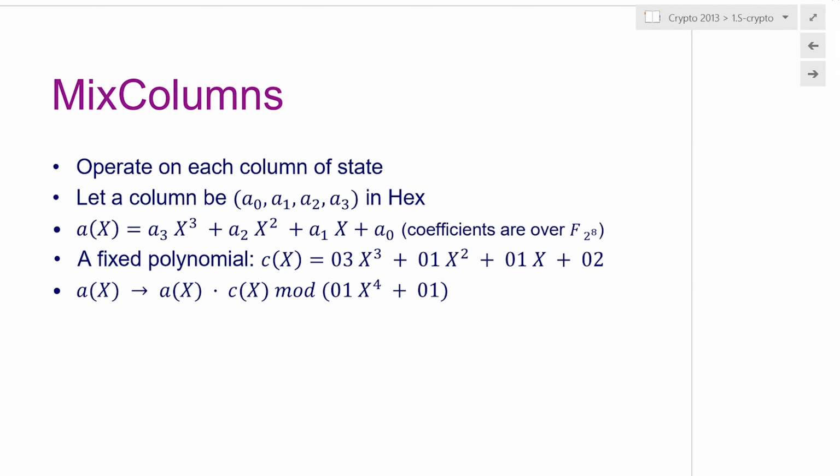And I said that for mix columns, we are going to use another polynomial that is defined over a variable. Let me just use X over here too. This irreducible polynomial is X4 plus 1.